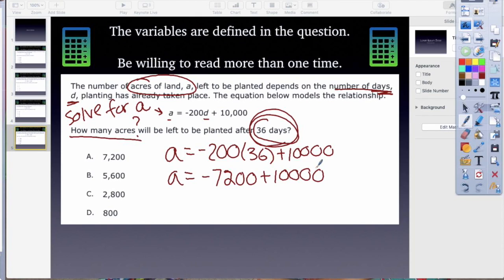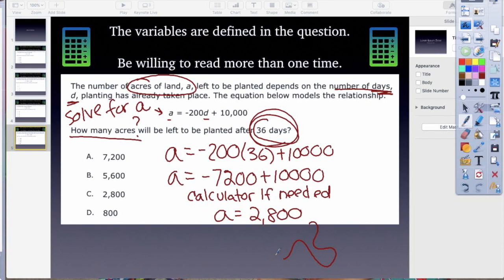That's a subtraction problem, but you could plug it in exactly like it's written on your calculator. And I believe you're going to get 2,800, which is a big plot of land. And let's see if that's on there. We're looking for it, and there it is.